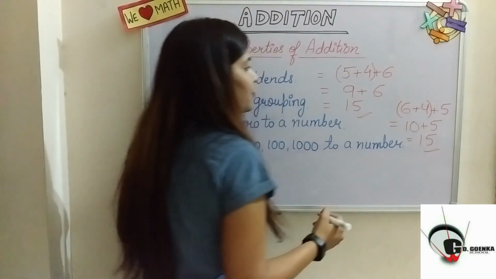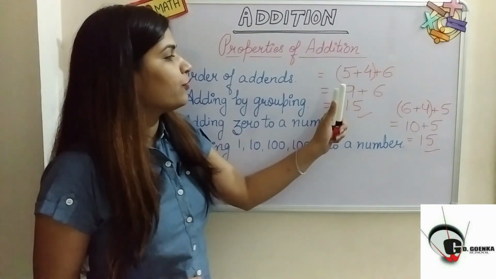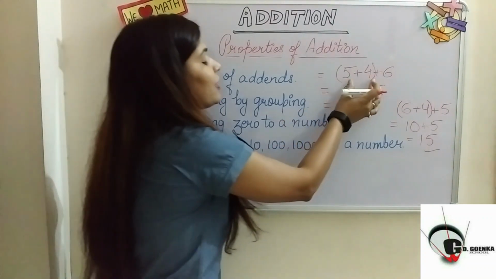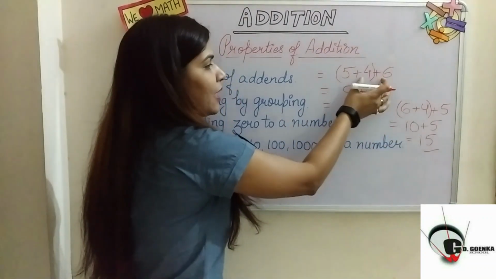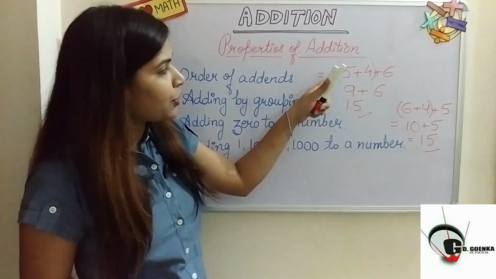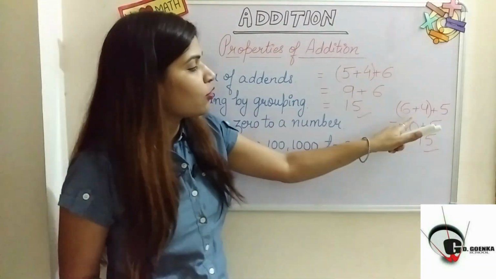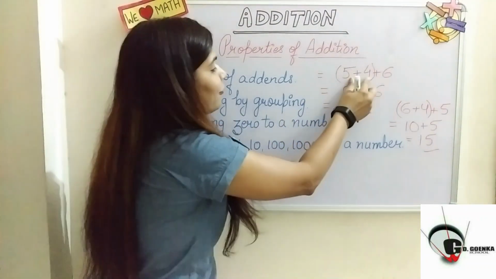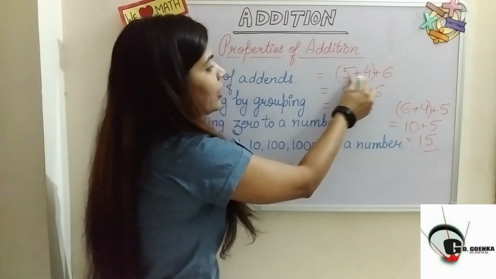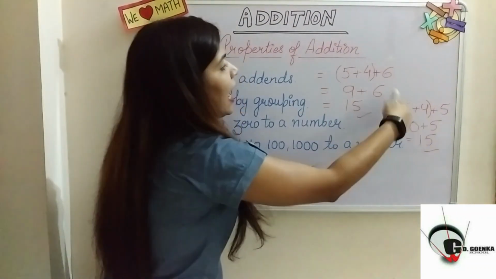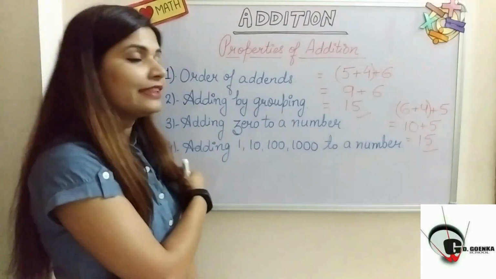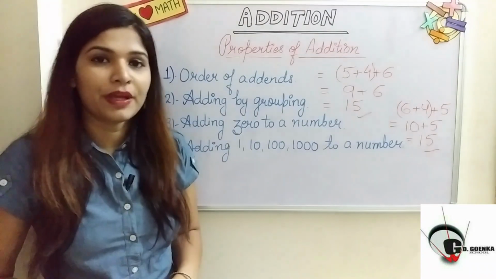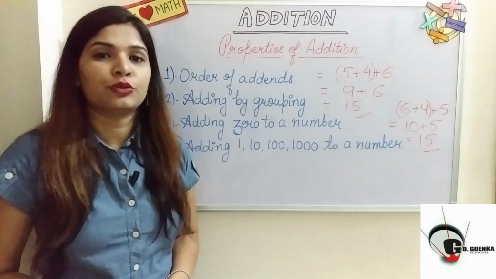So as you can see children, even if we change the order of the addends or change the groups, the numbers are the same in both equations, 5, 4 and 6, but still we get the same answer. So this property is known as adding by grouping, also known as the associative property.